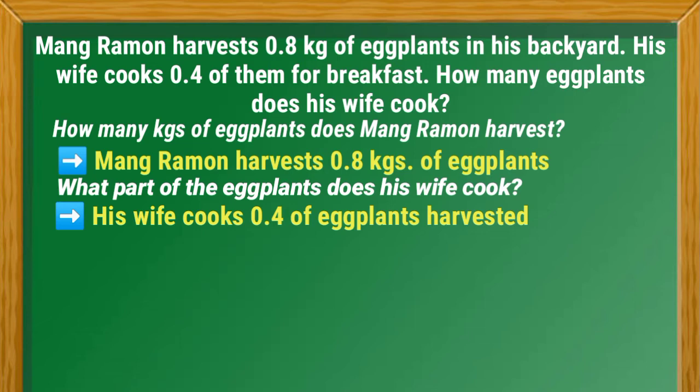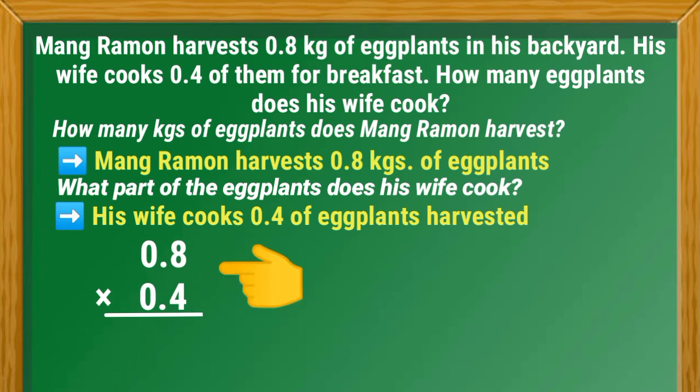To find the number of kilograms of eggplants that his wife cooks, multiply 8/10 by 4/10. First, write the factors in vertical form, like this. 8/10 times 4/10. Then, step number 2, multiply like you do with whole numbers. So, 4 times 8 is 32.